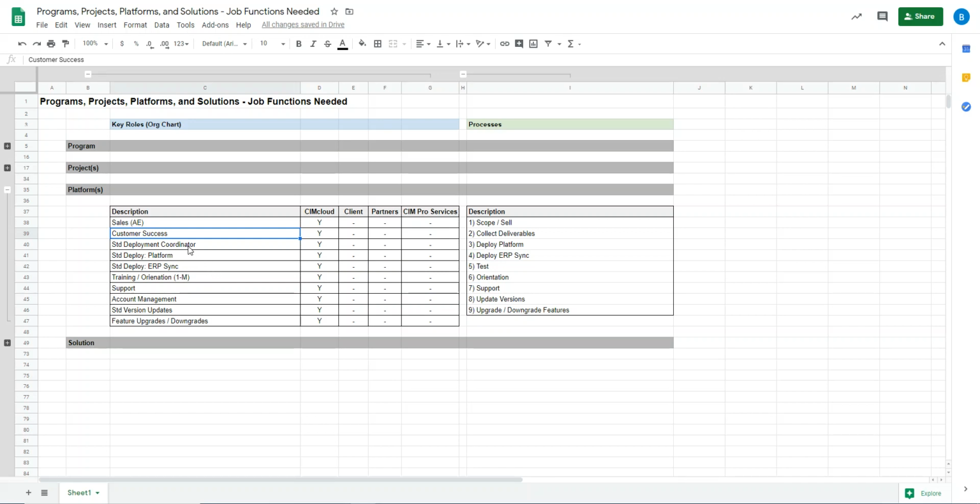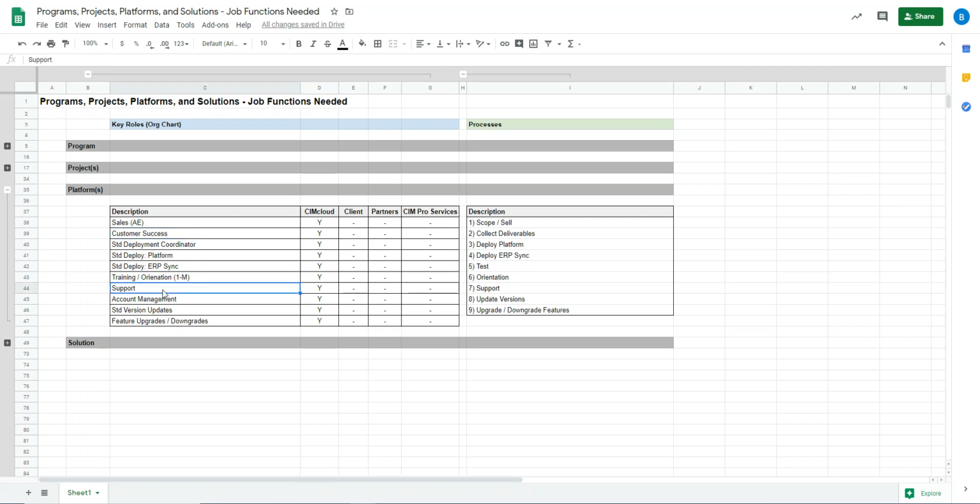Then there's a coordinator handling the standard deployment. Usually there are some things that have to be scheduled and lined up, so we have a coordinator that many times might be the same person as customer success. We have someone that deploys the platform, someone that deploys the ERP sync and gets it all tested, and someone involved in training and orientation. The customer success person would coordinate these people as they go through.